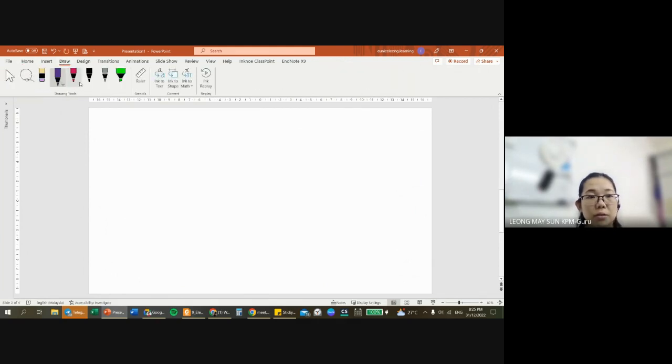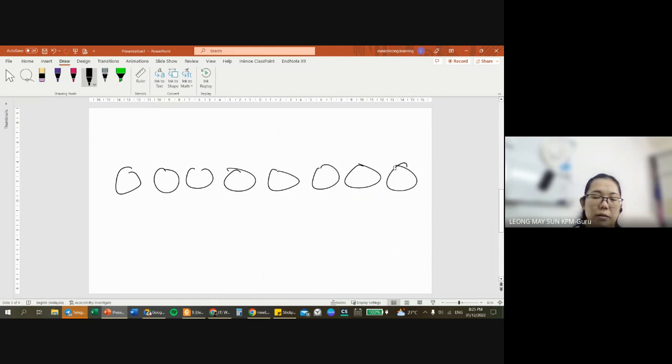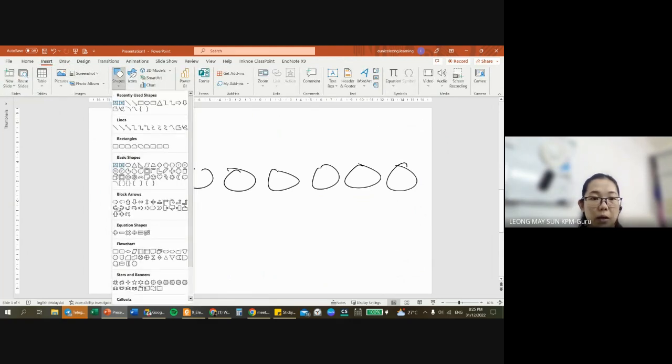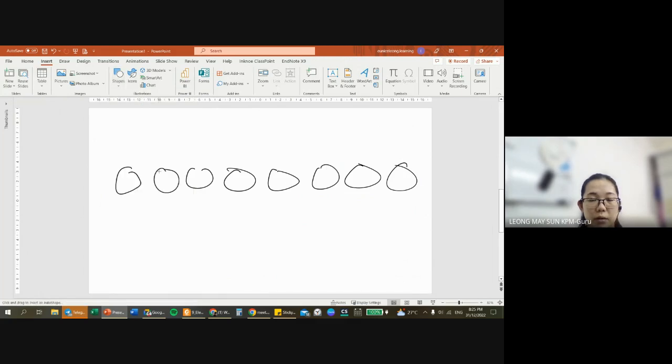Assuming let's just say we are playing musical chairs, moving around the chair. I have, let's say, 1, 2, 3, 4, 5, 6, 7, 8 chairs here. I'm just going to put a simple structure.